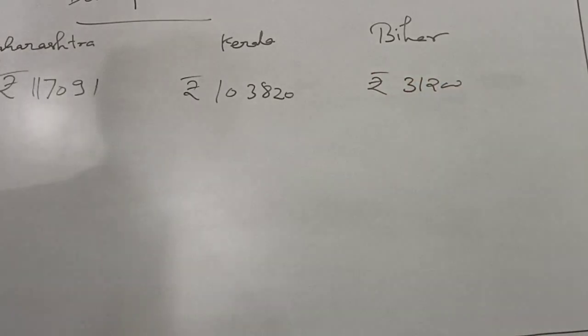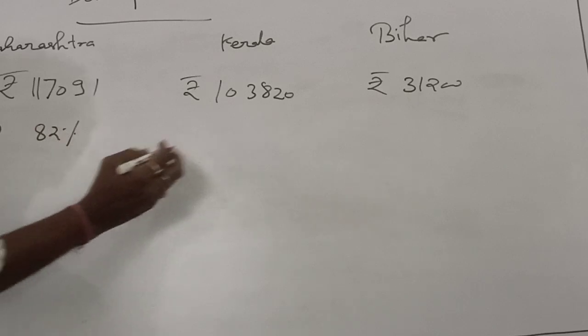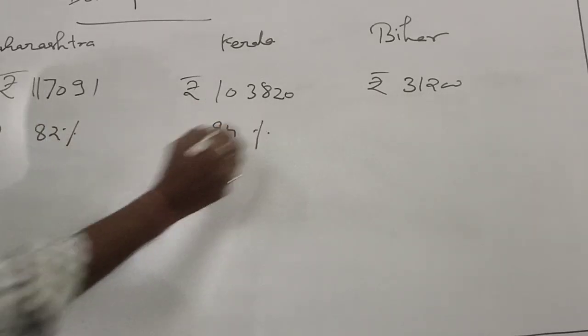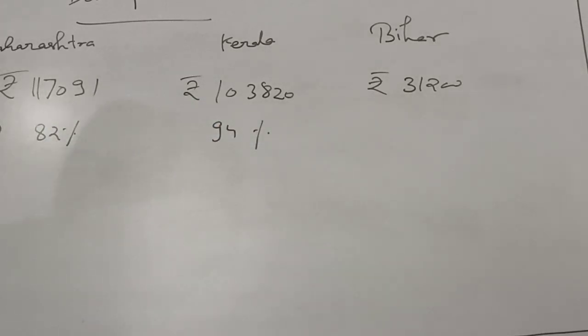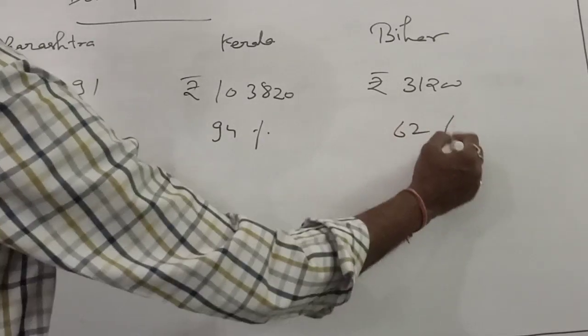Next, literacy rate. In Maharashtra, it is 82%. In Kerala, it is 94%. And in Bihar, it is just 62%.